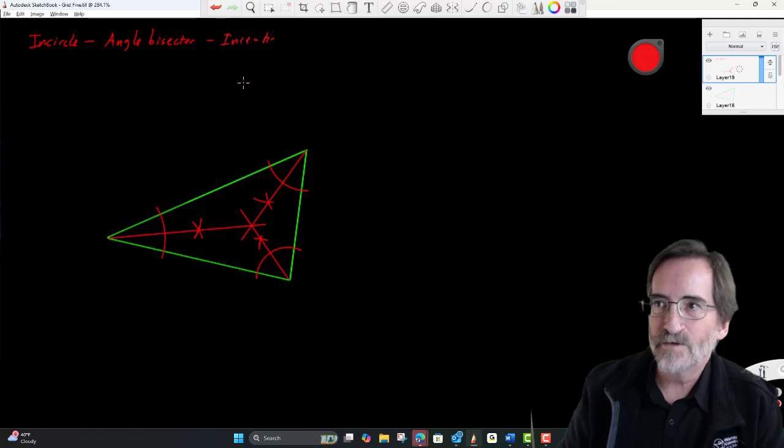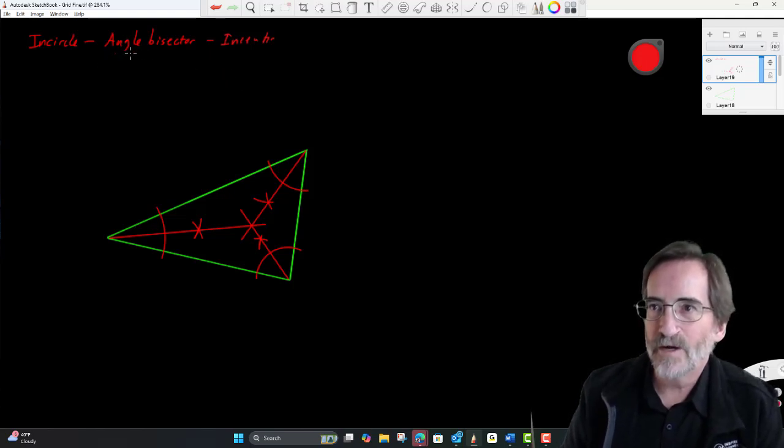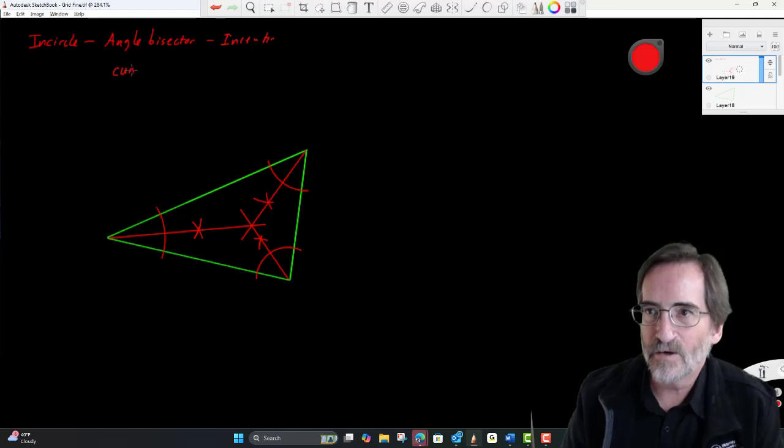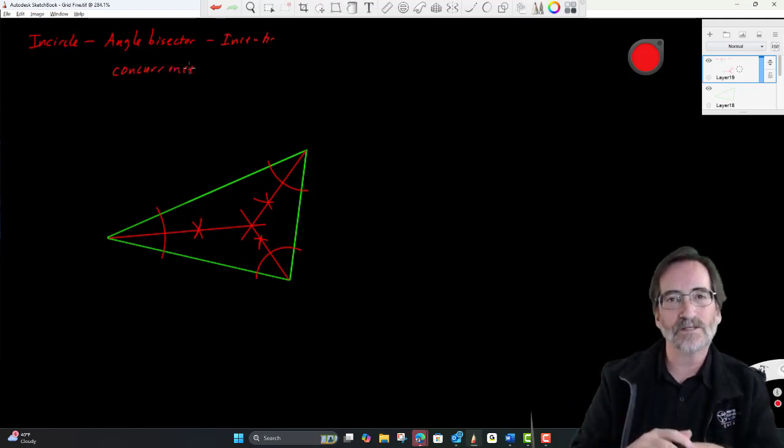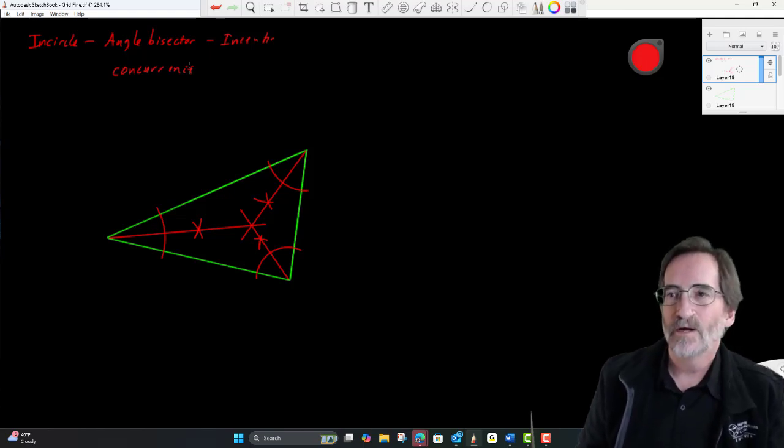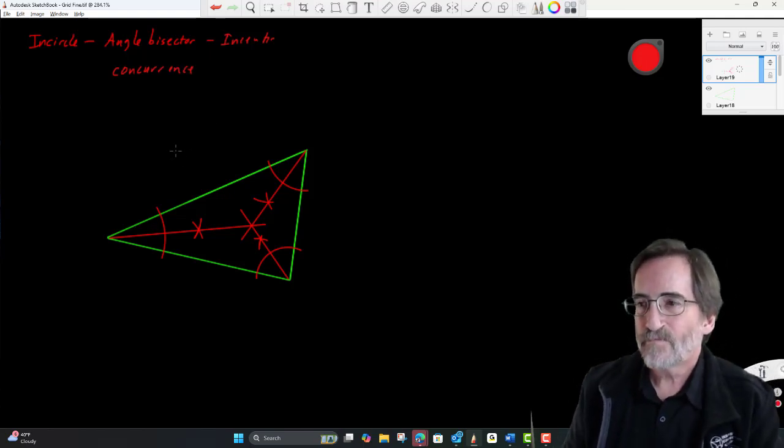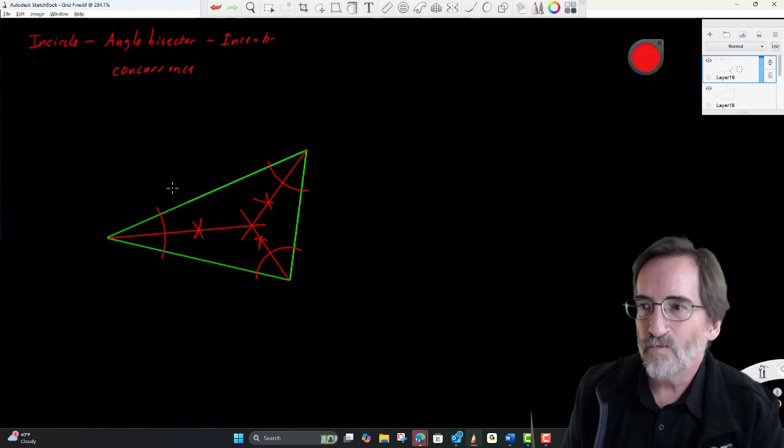The incenter is the center of the inscribed circle, or the incircle, and it is the point of concurrence of the angle bisectors. Concurrence, C-O-N-C-U-R-R-E-N-C-E. Concurrence means to be simultaneous, one on top of the other.